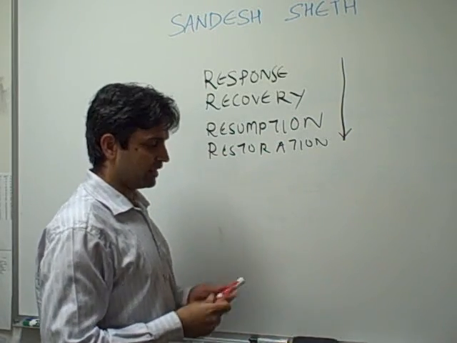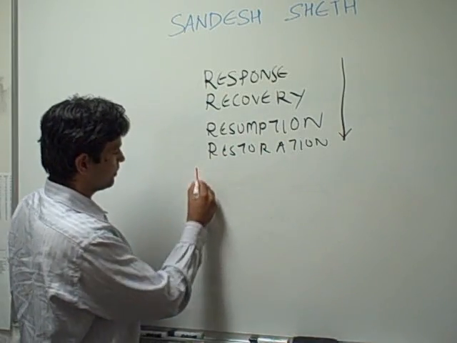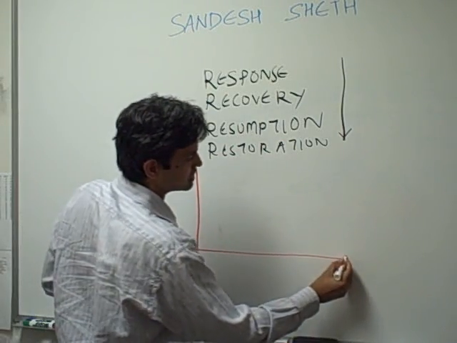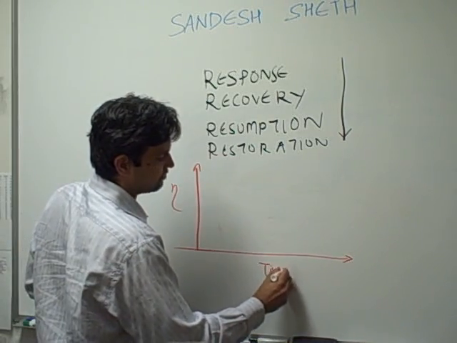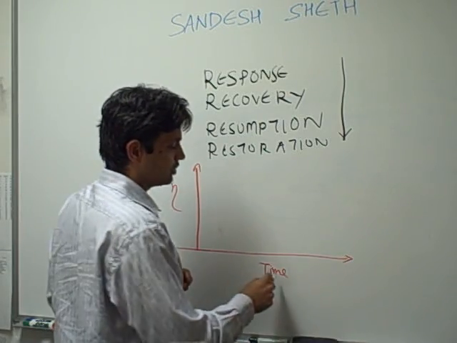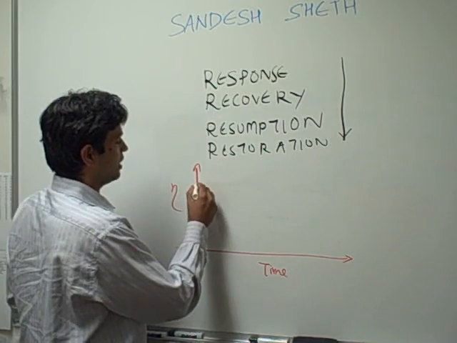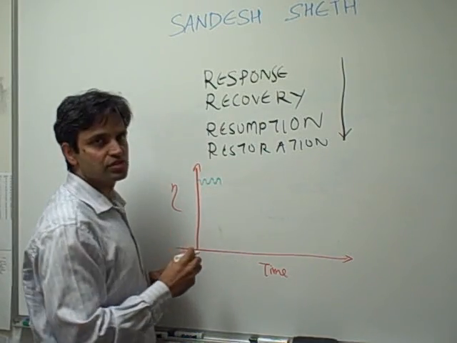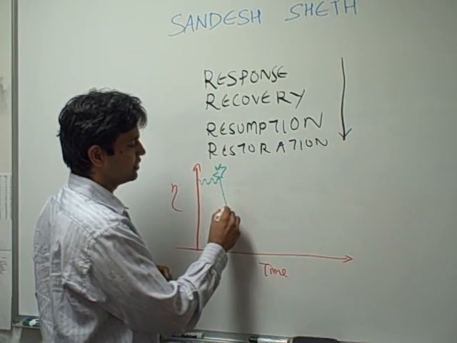I'll make use of the diagram that I had introduced in the first webcast of efficiency versus time. Efficiency, aggregate efficiency of the various business processes with respect to time. We had the efficiency, a disaster happens, the efficiency drops.